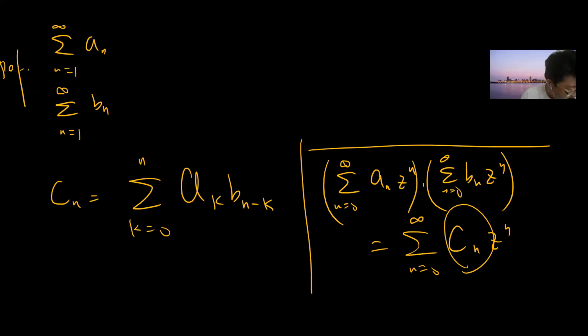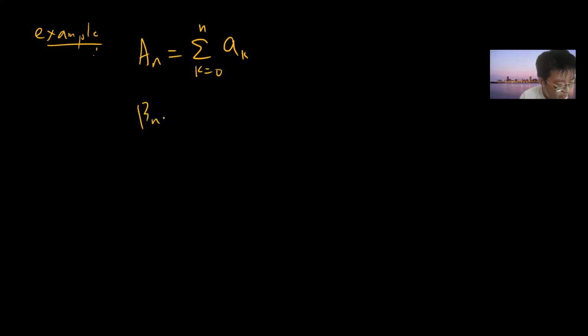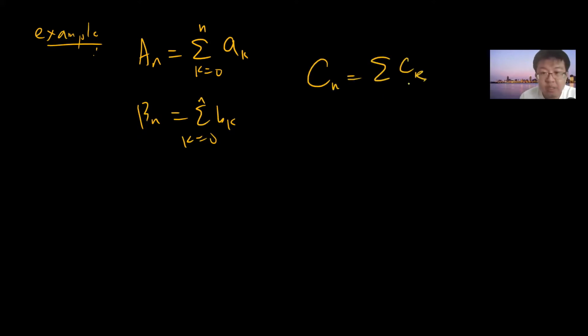So the problem is that, let's first see an example to let you understand where the complication comes from. Suppose I define An to be the partial sum of ak, k from 0 to n, and Bn to be the partial sum of bk, k from 0 to n, and Cn to be the partial sum of the small ck we defined, k from 0 to n.